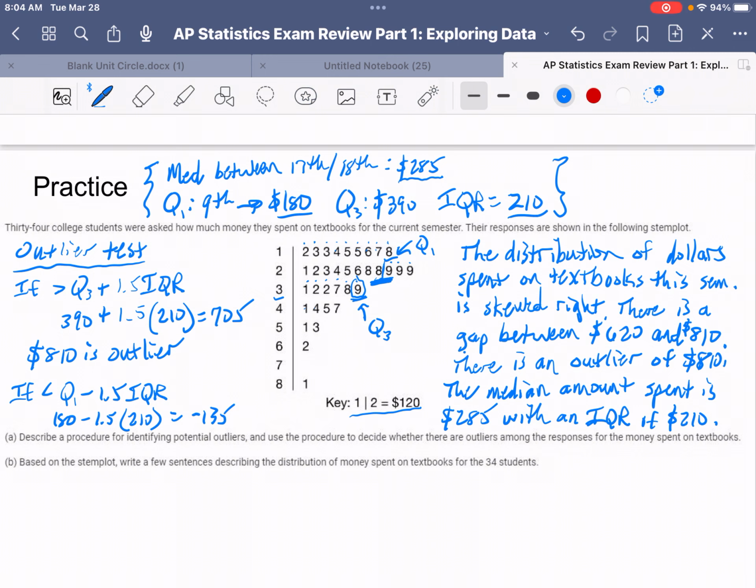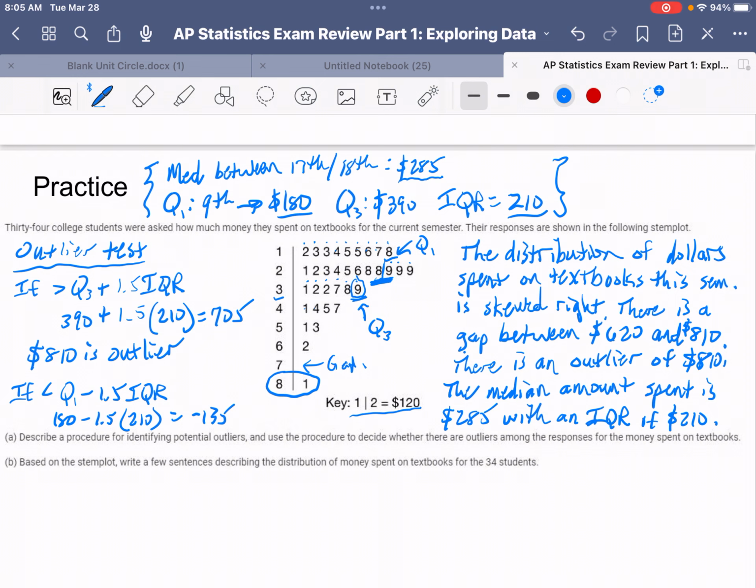Okay, now that I've got my median and interquartile range, the next thing I'm going to do, because I notice that there's a gap, is to check whether this is an outlier, which is $810. If any number is greater than Q3 plus 1.5 IQR, it is an outlier.